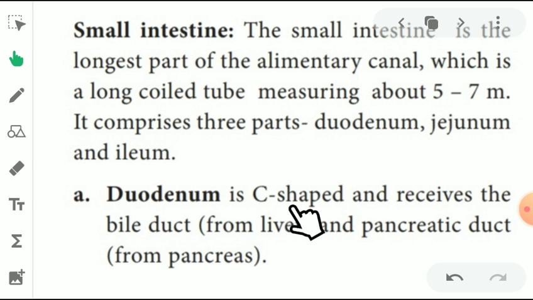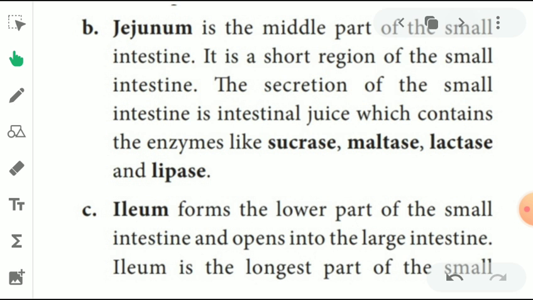Duodenum is C-shaped and receives the bile duct from the liver and the pancreatic duct from the pancreas.